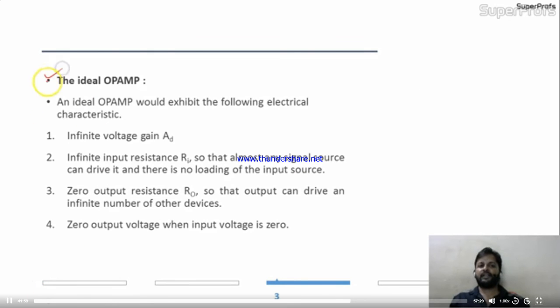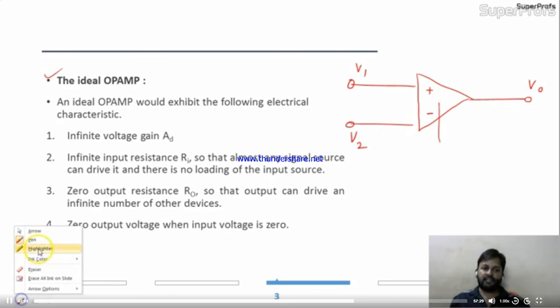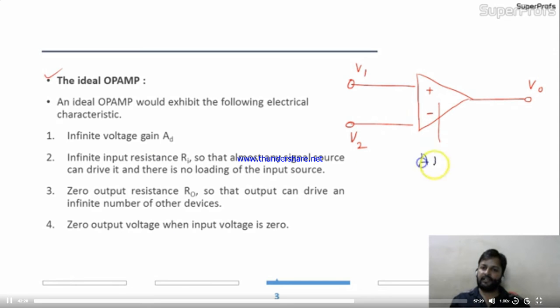Now come to the ideal op-amp. If your op-amp is ideal, with inputs V1, V2 and output V0, then the differential gain AD is infinity.